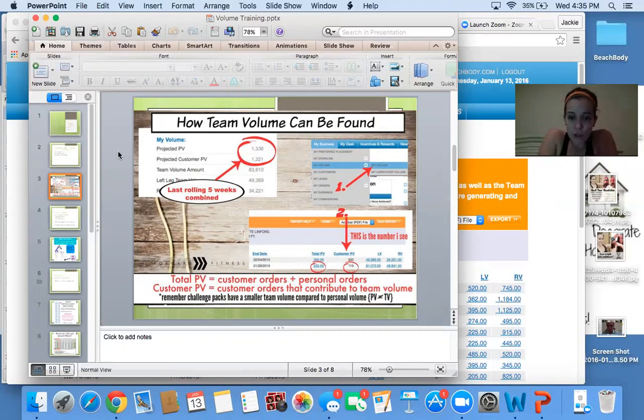I also saved all of those onto my desktop because they're easy to see. If you have a new coach who has a question, there might be a graphic that you can send them, or if you need a refresher, this is also a great tool to have at your disposal.